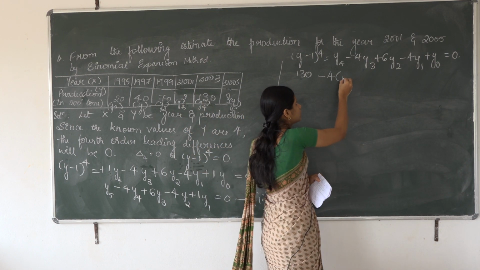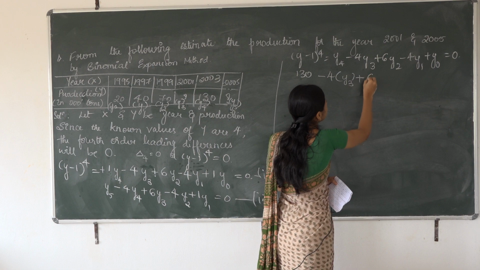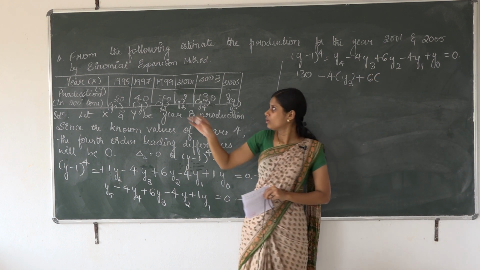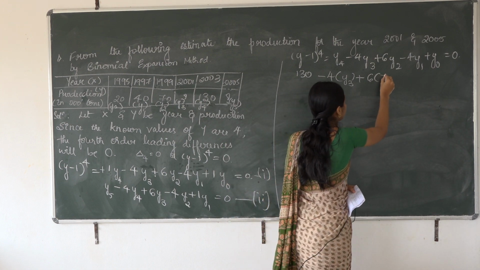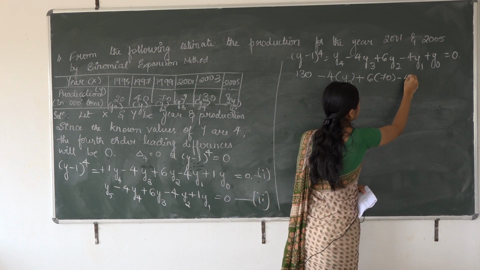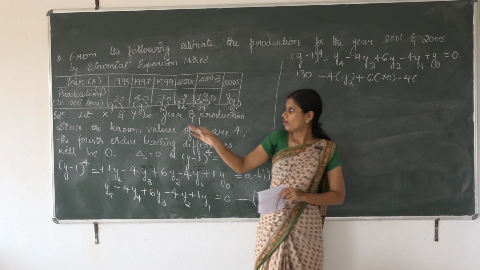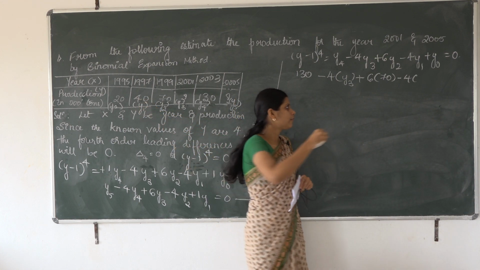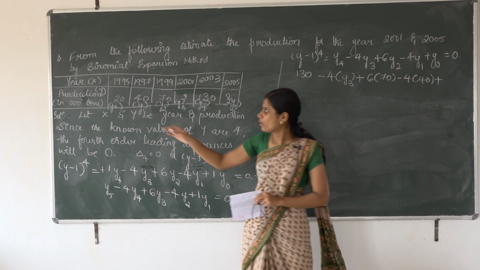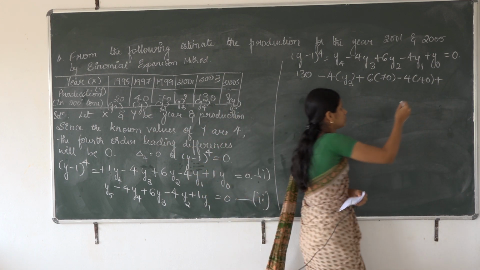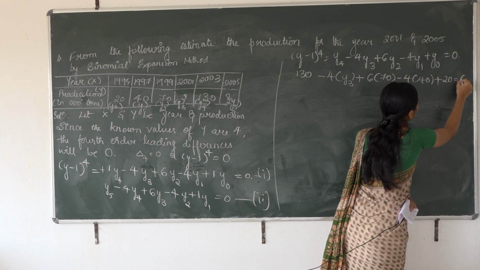So write as it is, y3 plus 6 into y2 value. y2 value is 70. So it will be 6 into 70 minus 4 into y1 value. Value of y1 is 40 plus y0. y0 is 20. So 20 is equal to 0.